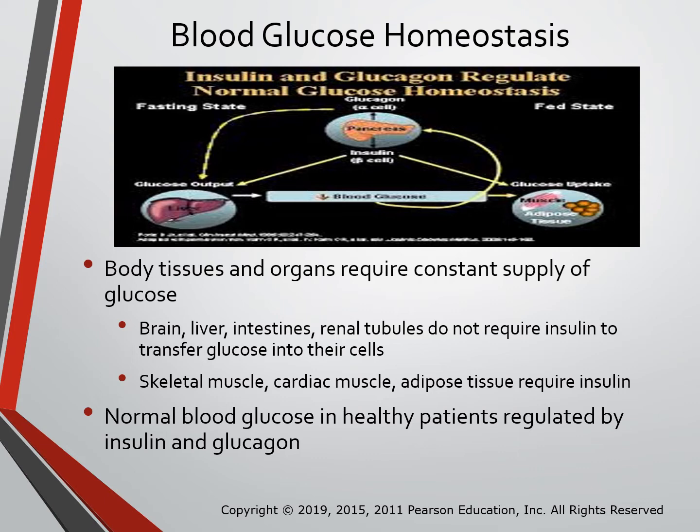Normal blood glucose is maintained in healthy individuals through actions of insulin and glucagon, as we said before. Increased blood glucose levels, amino acids and fatty acids stimulate pancreatic beta cells to produce insulin.